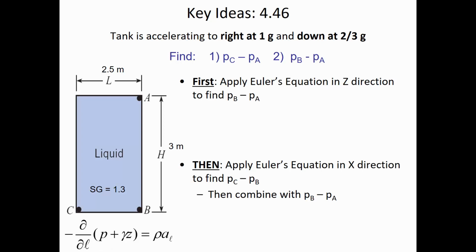So my suggestion is, first of all, apply Euler's equation in the z direction. So vertically, between A and B, consider that downward acceleration at 2/3 g. So you're going to expand out Bernoulli's equation, and L, it's some direction.